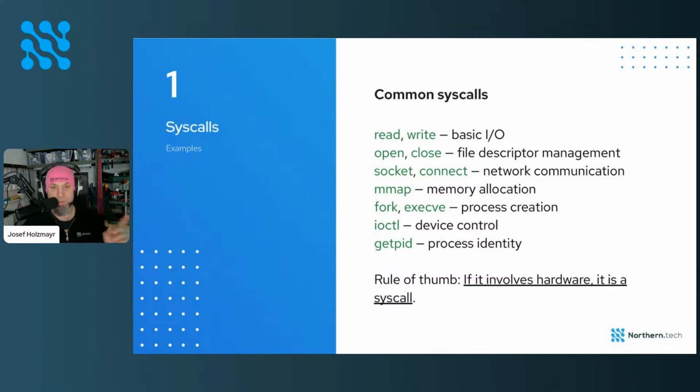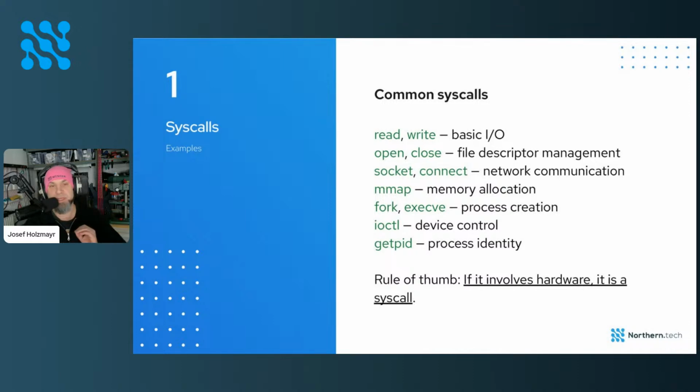Fork is the one which we will be talking about later in a lot of detail, some detail, because it actually means you can execute other things. And there's, of course, a whole lot of further management possibilities here.